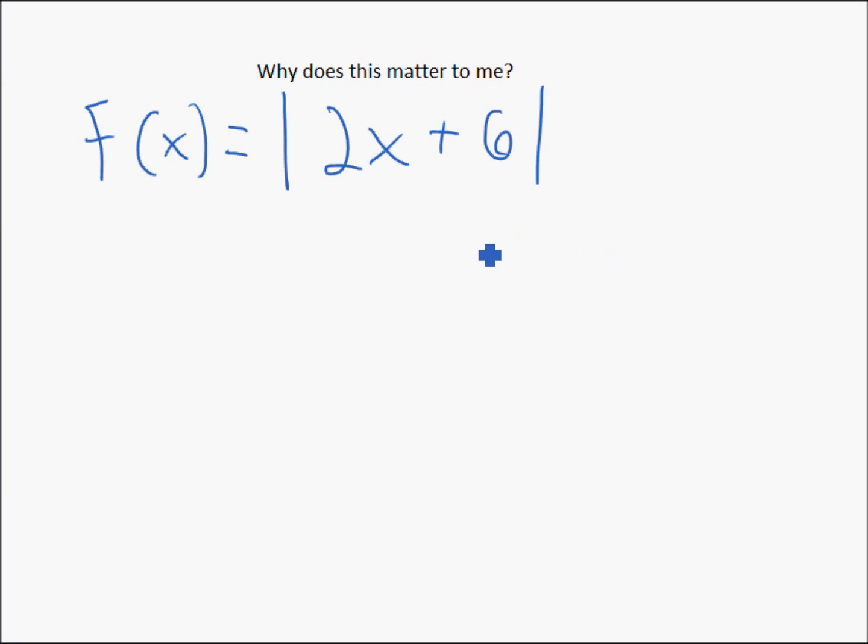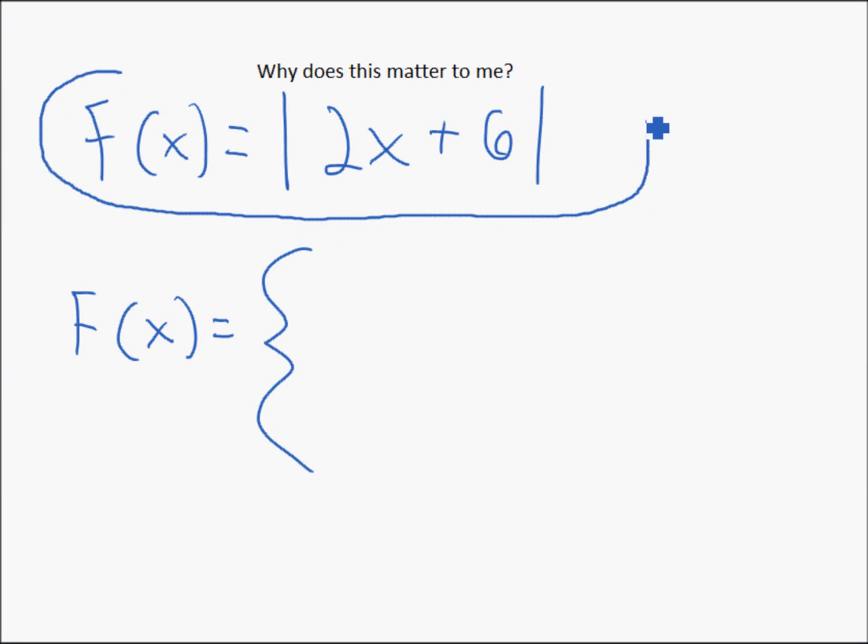So all we're going to do to rewrite it as a piecewise function is say that f of x, and piecewise functions have this little bracket here, and you just write what f of x is going to equal. Well, the absolute value gives us a concise way of writing what it's going to equal, but it's misleading. So when we rewrite this as a piecewise function, you're going to say that f of x either equals the opposite of what's inside those absolute value bars. The absolute value either changes the sign or it just leaves it alone.